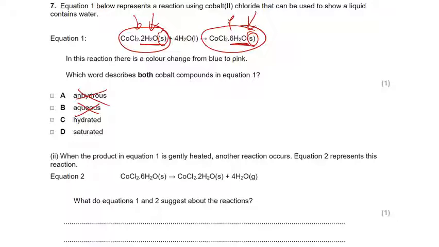Well, I don't really know what they mean by saturated here, because normally we refer to bonds being saturated, but if they were referring to water of crystallization, well, the first cobalt compound can contain more water. That can actually contain 6 water molecules, and maybe even more, but it can definitely contain more, and so it's not going to be saturated in this case, so it is going to be hydrated.